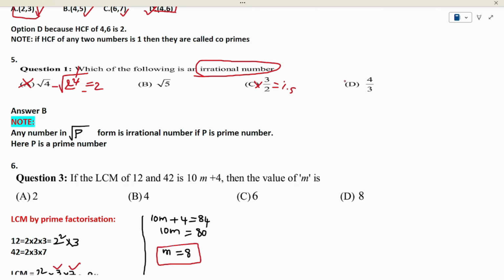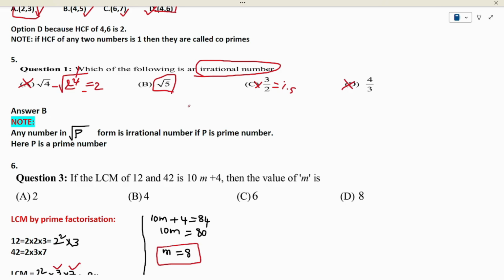4 by 3 is also a definite number, which means a decimal number. It can be 1 point something. So this is also not an irrational number. Then come to the square root of 5. I can say square root of 5 is an irrational number. Why?